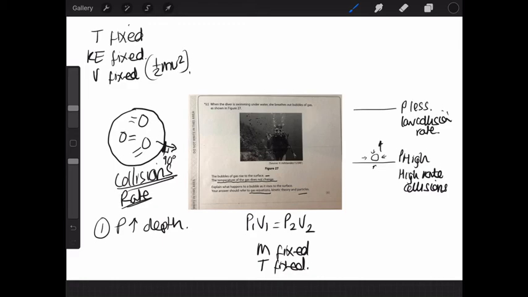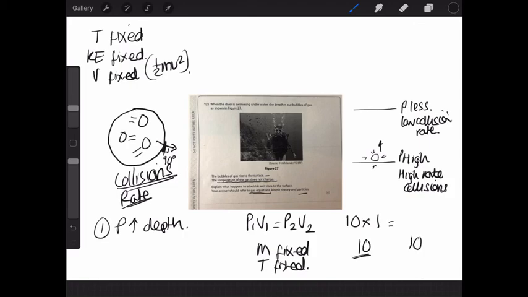So all we've got to do now is link that to what's actually going to happen to the bubble and to its volume. So if we think about our equation down here, if the pressure was really high at the bottom, and I'm just going to use a value of 10 to give it a number, and that little bubble was produced, we know at the end P2V2 has got to also equal 10.